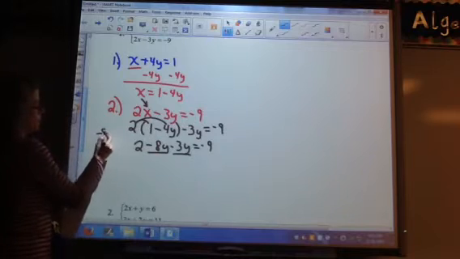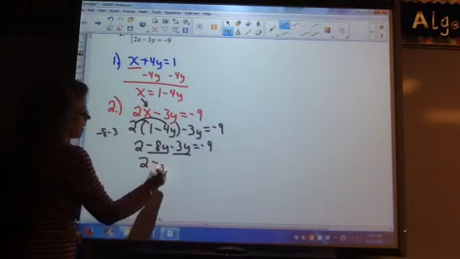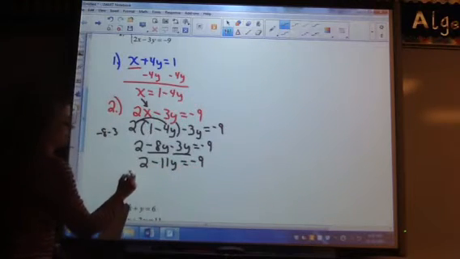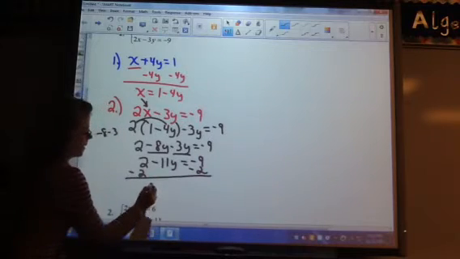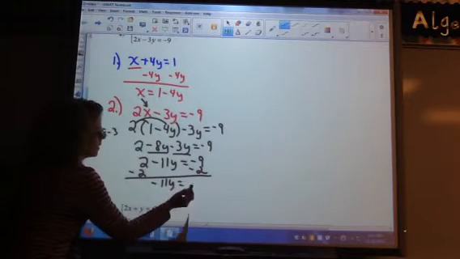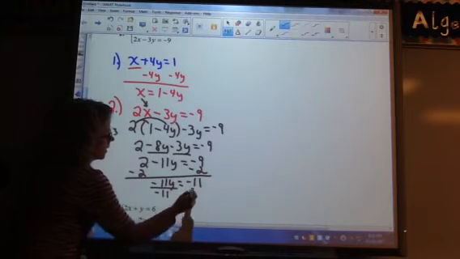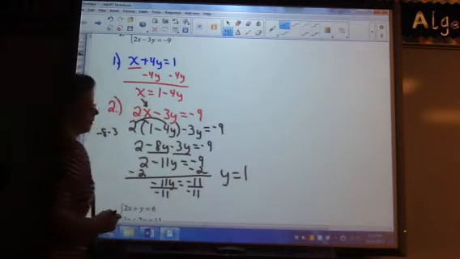Negative 8 minus 3 is a negative 11. So, I have 2 minus 11y equals negative 9. Subtract 2, subtract 2, negative 11y equals negative 11, divide by negative 11, divide by negative 11, so y equals 1.